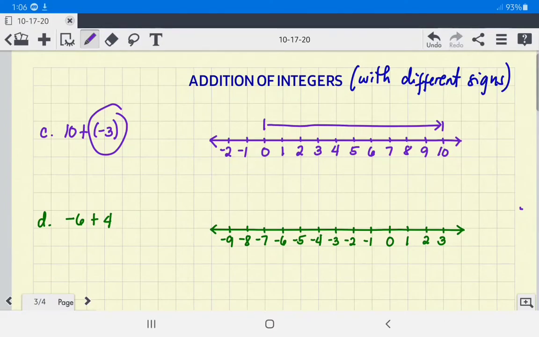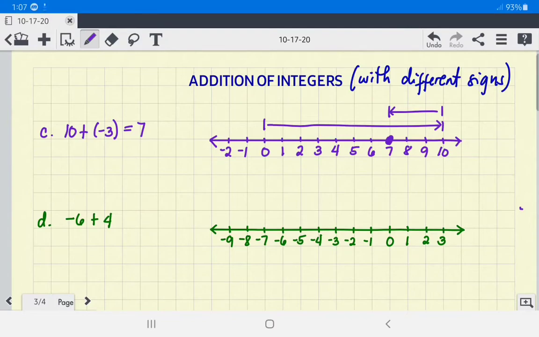Since the integer is negative, we're going to move 3 units in a negative direction. So from 10, we're going to move 3 units in a negative direction, or going to the left. So it stopped at positive 7. So the answer here is positive 7.